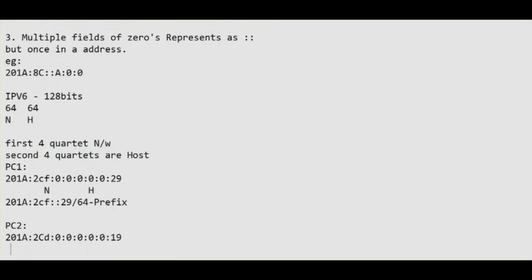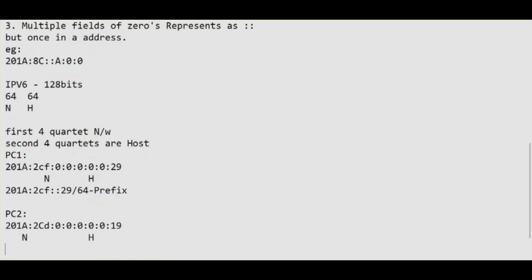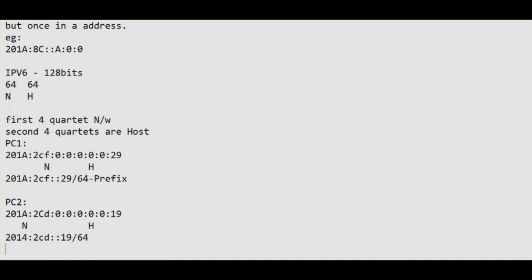Here also the first 4 quartets are network and the last 4 quartets are host. How can we assign this IP address in our computer? 201A colon 2CD colon double colon 19 slash 64. Simply we can write like this.